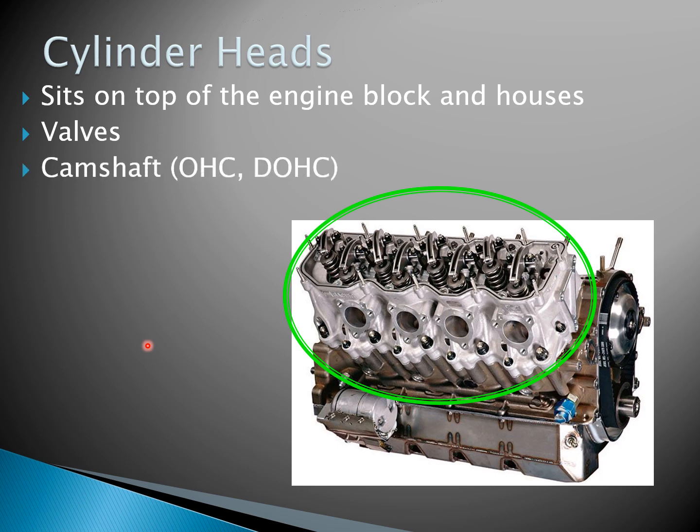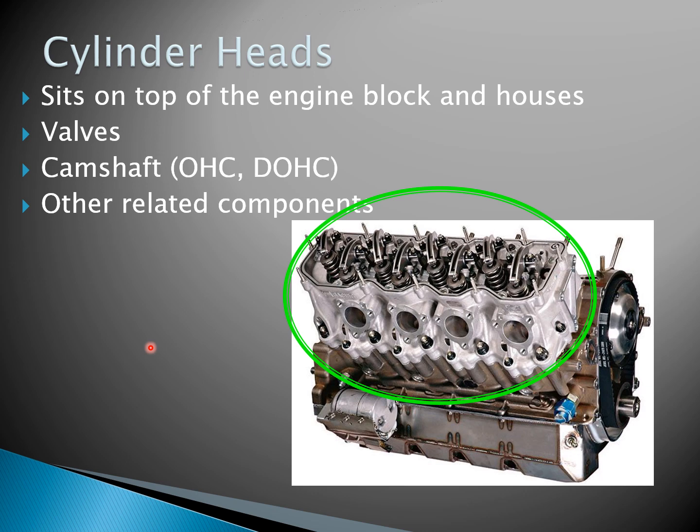Our camshaft is also there if we have an overhead cam engine, otherwise known as a SOHC, single overhead cam engine, or a DOHC, dual overhead cam engine, and we'll get into that some more in a bit too. And when we talk about the valve train, I'll be able to elaborate on that and other related components a whole lot more.